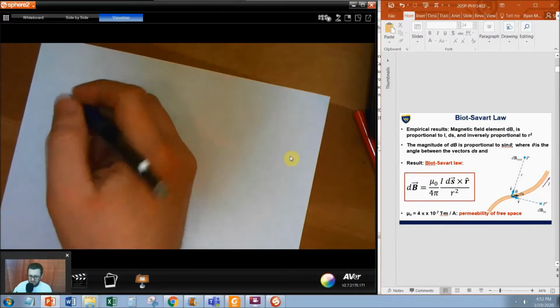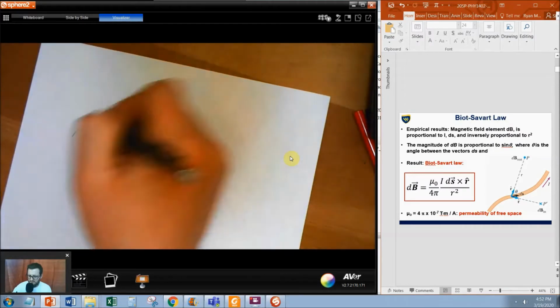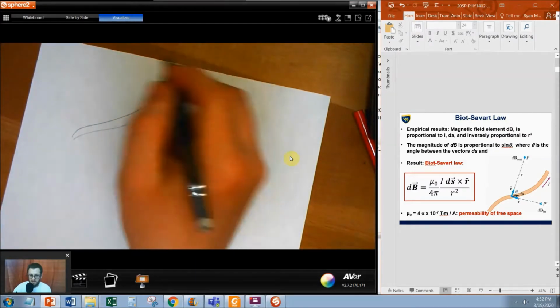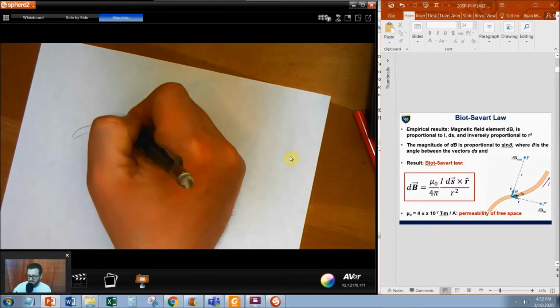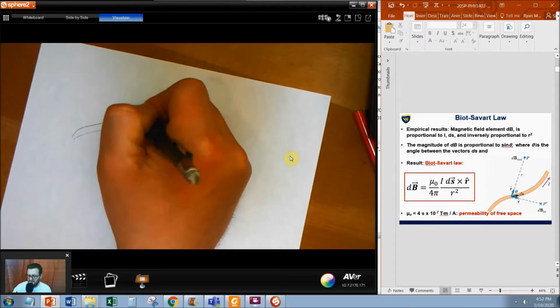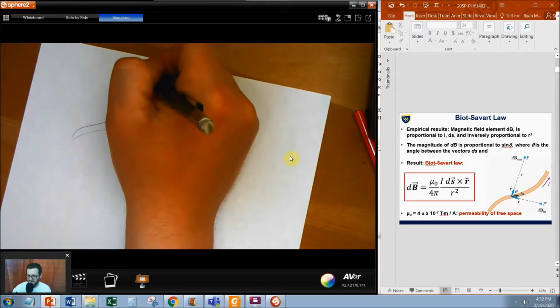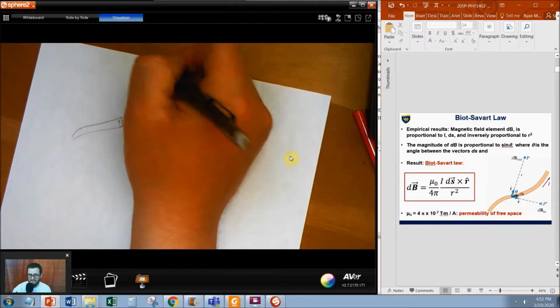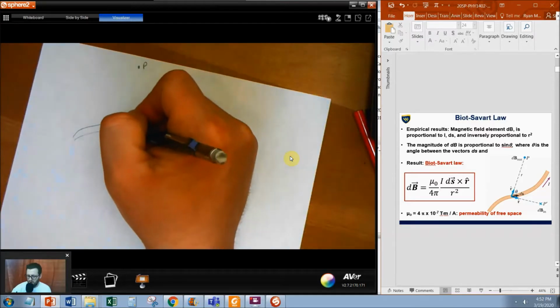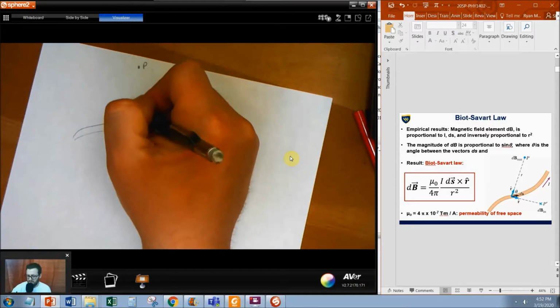So since we have some current, we've got ds in this direction. Point P is over here. So r would be the vector that connects these two, but the direction of r is r hat.